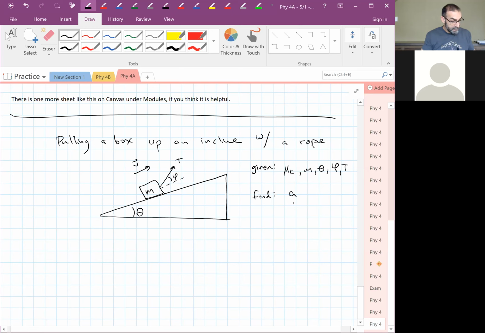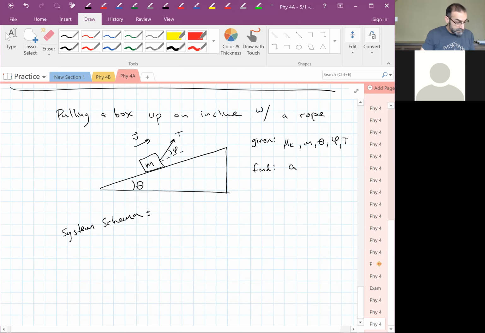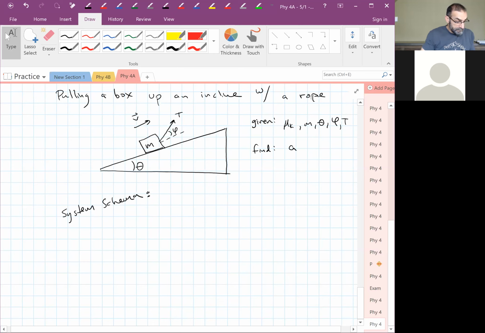Okay? So first thing I want to do is draw my system schema, just so you sort of see how I use this. Okay, I've got a rope. And a box.